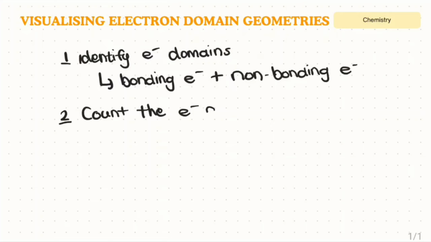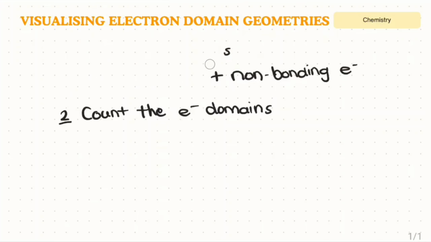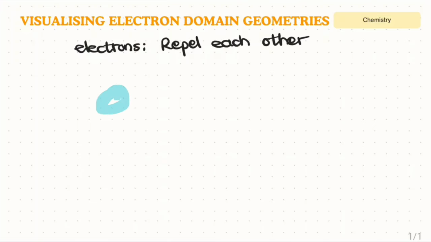The next part is where it gets a little bit more complicated: visualizing what the electron domains look like in 3D space. To understand what they will look like in space, it's important to think about what we know about electrons. Electrons repel each other. If we have two areas of high electron density, they're going to repel each other. There's that electrostatic repulsion.